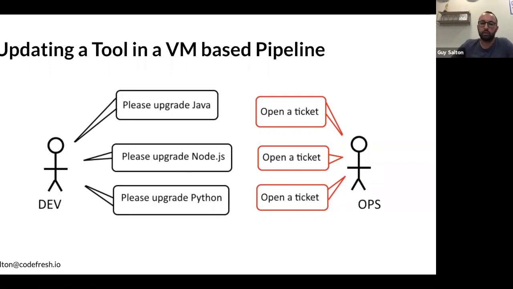The operator then has to look and see how to install the new version, on which build nodes he should do it. And then he also has the question of, should I keep the previous version and just leave the new one? Or do I have to keep both of them and maintain both of them? Maybe I will have one version of Java on this node and another version on this node.